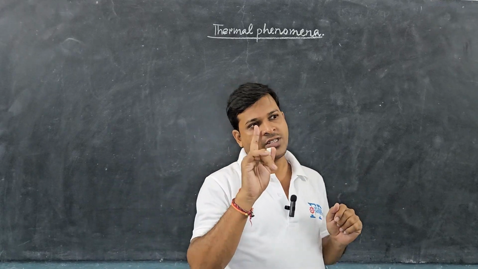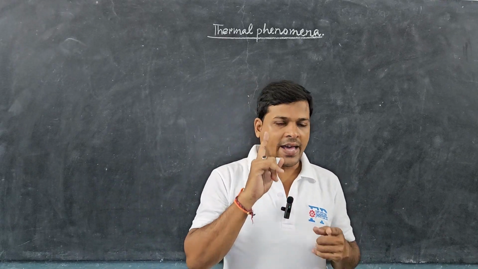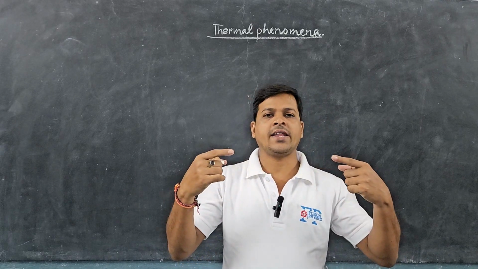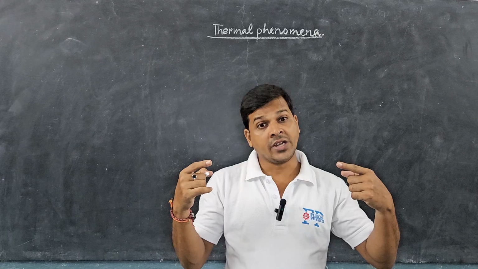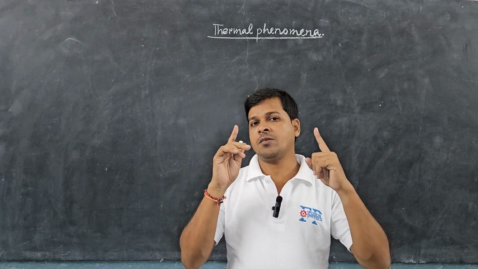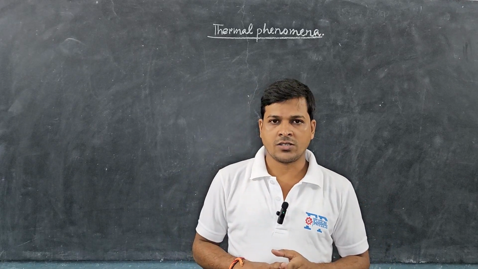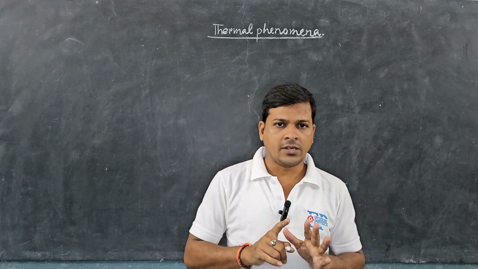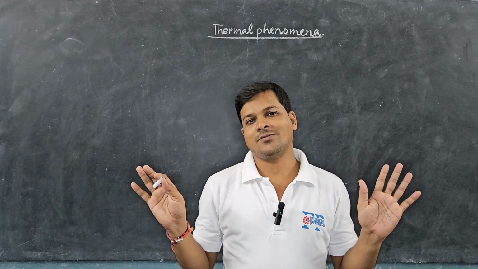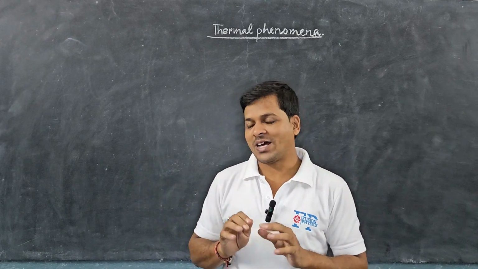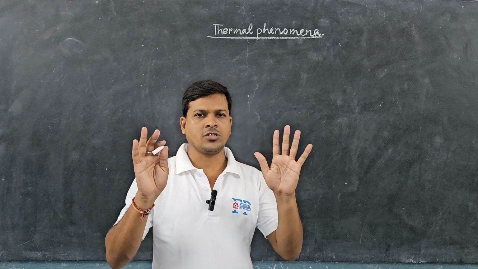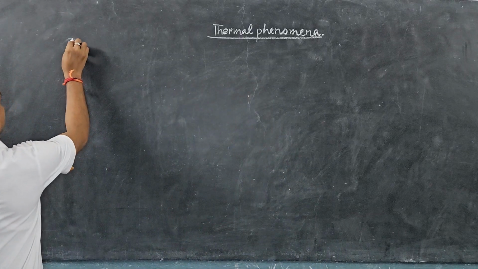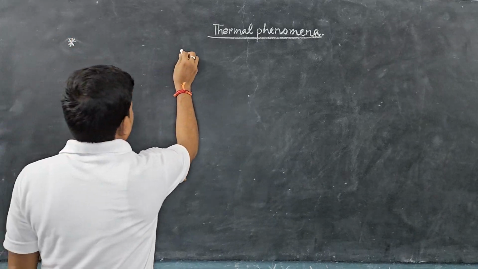Second condition, either the two bodies are directly in contact or indirectly in contact through a medium. So these are the basic two conditions due to which the heat flows. If they are not maintained, then heat will not flow at all. Let us consider here the condition is strictly maintained.